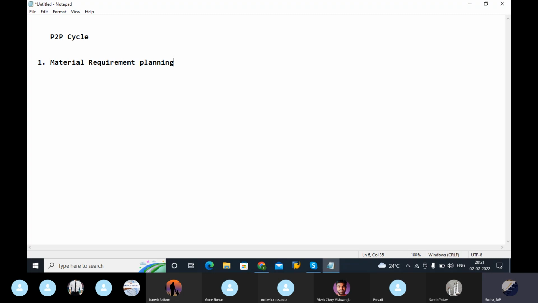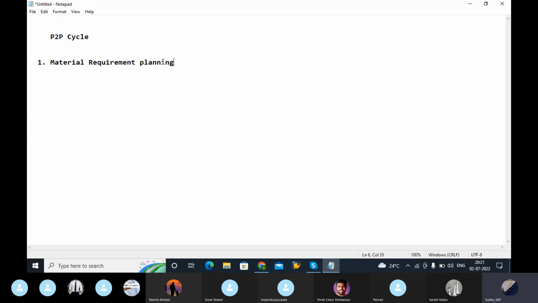Here, material requirement planning refers to a technique of using the manufacturing production schedule to figure out what supplied material you will need. That means so many processes are there: what material we will need, and when we will need them.